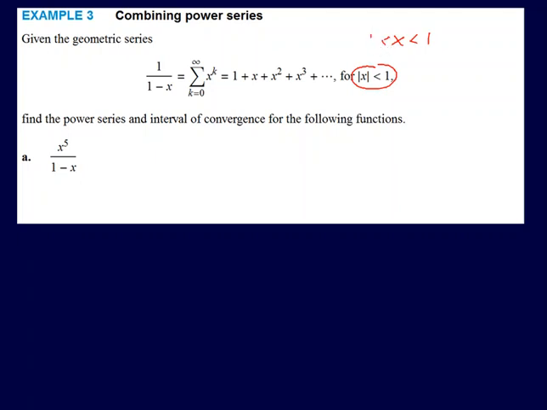Okay. Now, what we're going to try and do is come up with a power series for this function, x to the 5th divided by 1 minus x. Now, to use some of the theorems outlined in the previous page, I would like you to think of this one as the product of x to the power 5 and then that function 1 over 1 minus x.